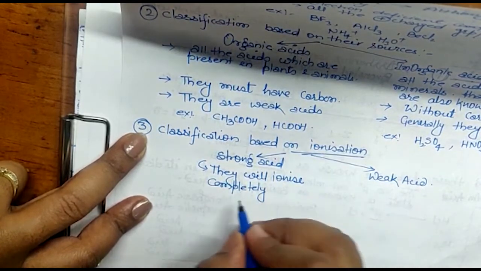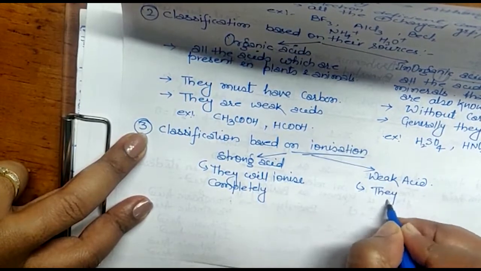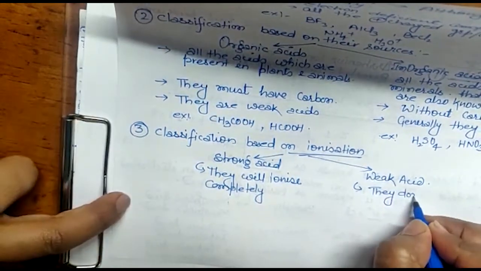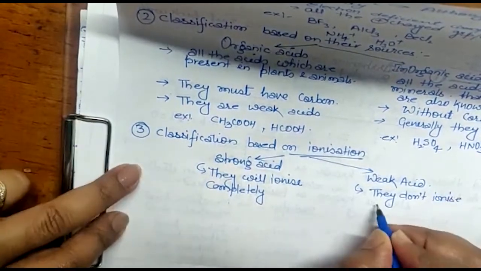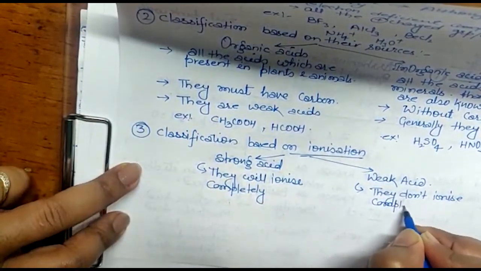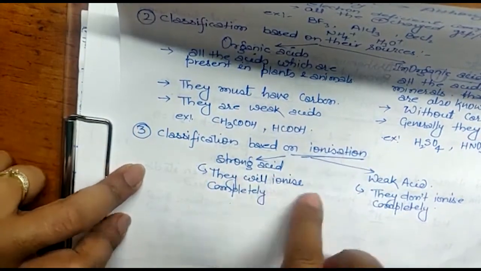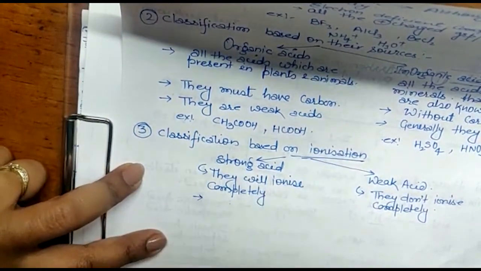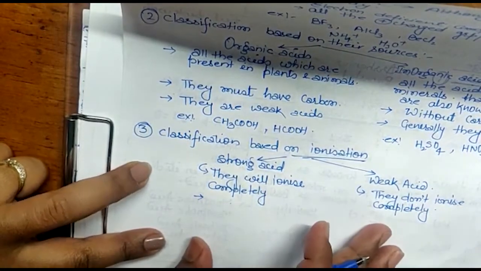While in this case they don't ionize completely. So if they are completely ionizing, they will be called strong acid, and since this one is not completely ionizing, it is a weak acid.